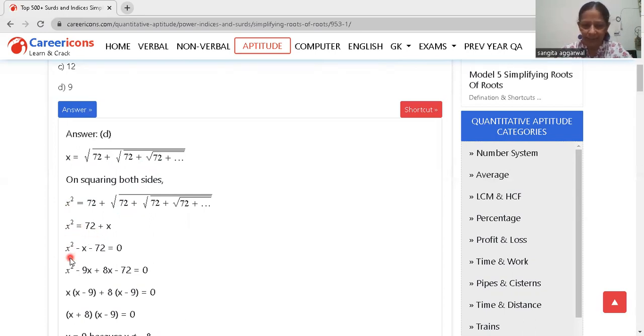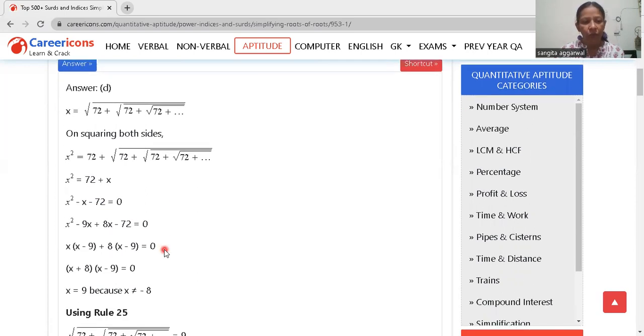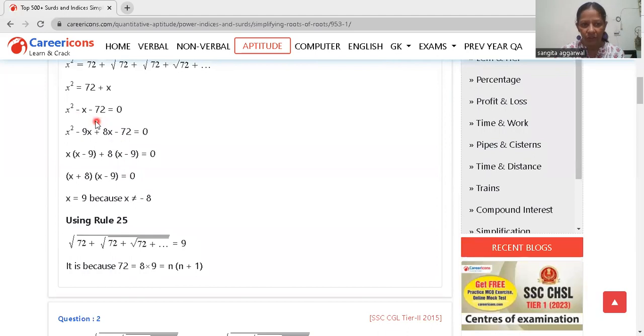So in the next step, x square. Now bring the x to the other side of the equals sign, on the left side. So this will become x square minus x, and this is plus 72. So plus 72 will become minus 72 is equal to 0. Now you have to solve this equation. So first, how will you solve this equation? You will find the factors of 72.